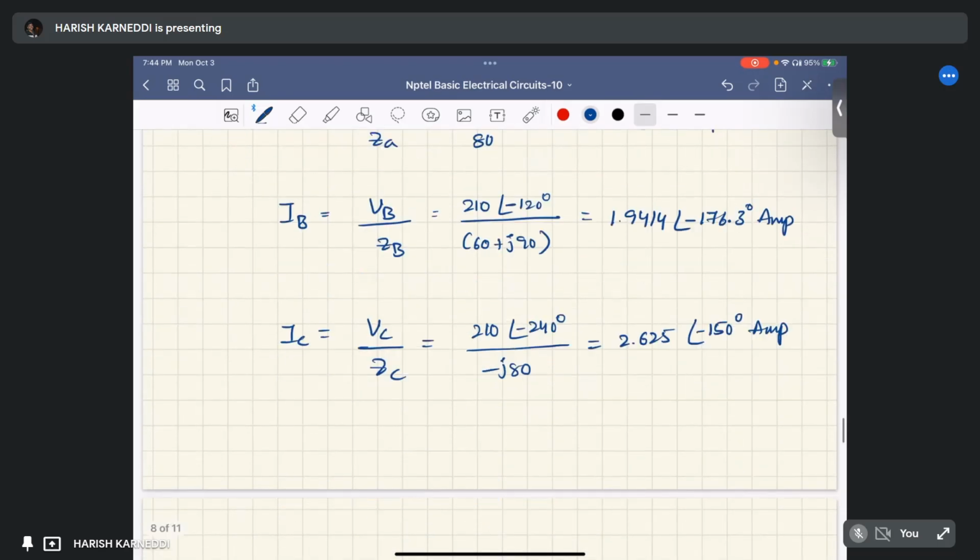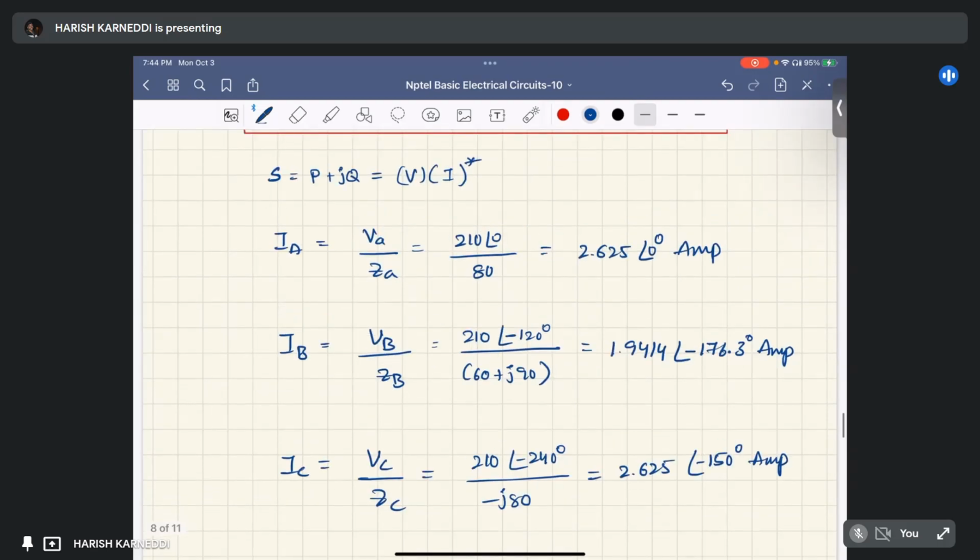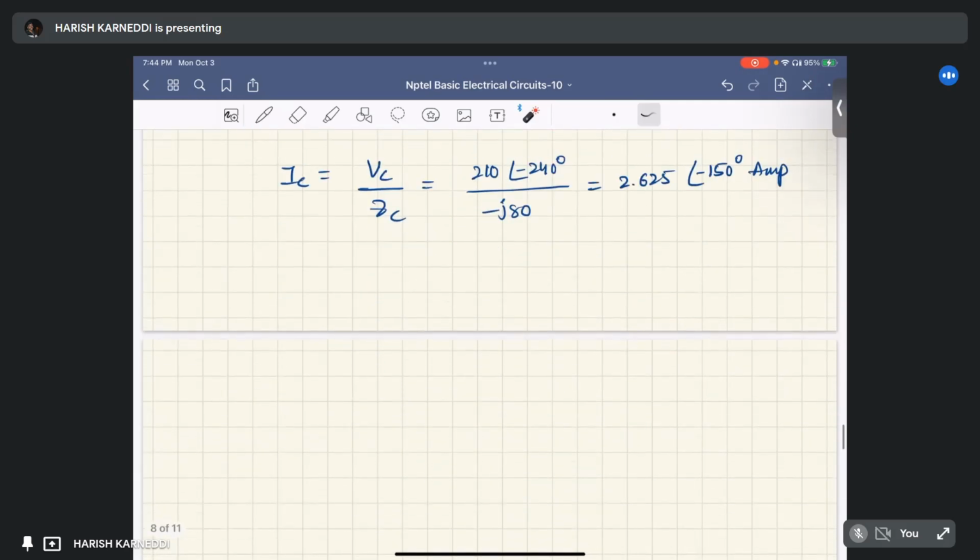What is the apparent power? We just said that it is V into I conjugate. Here we need the apparent power for three phases, the total three phase apparent power. So we can add all the powers, right?